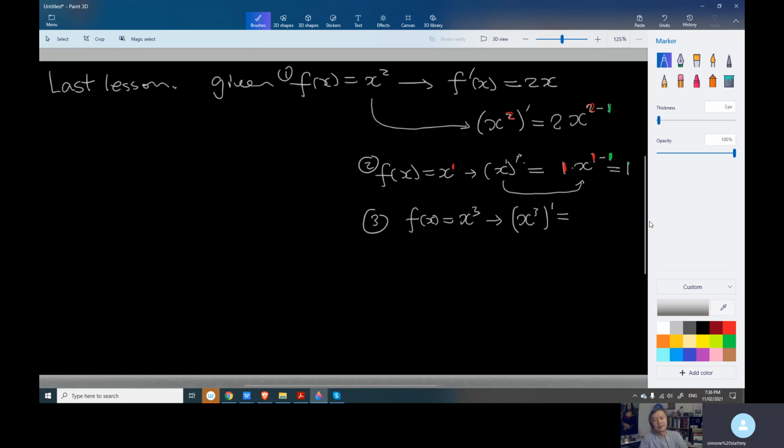Can you guess? The index is 3. Do you want to try? Sure, I'll try. What would be the coefficient? What would be the number in front of the result?